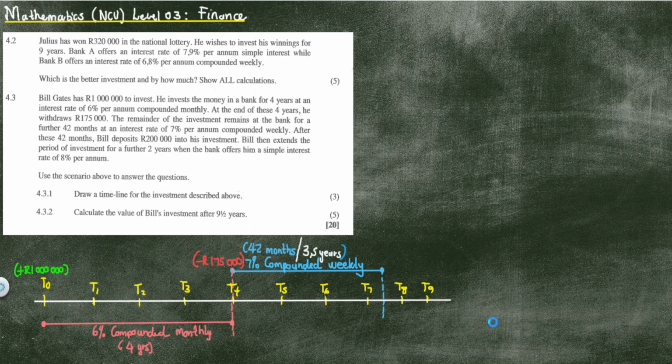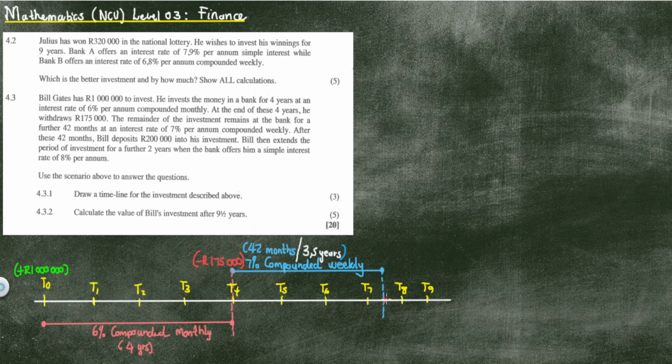Now, the last part of the question states that Bill deposits a further 200,000 rand into his investment. Bill then extends the investment period for a further 2 years. So from this point here, I'm going to count a 2-year period.